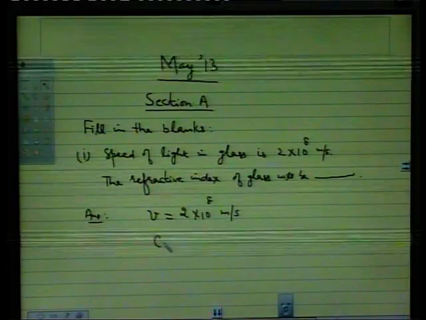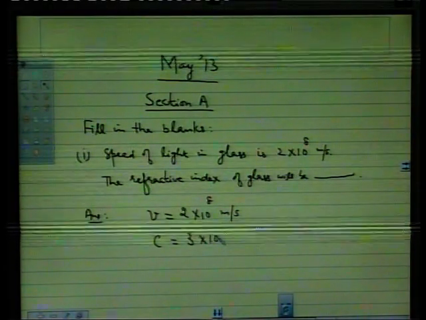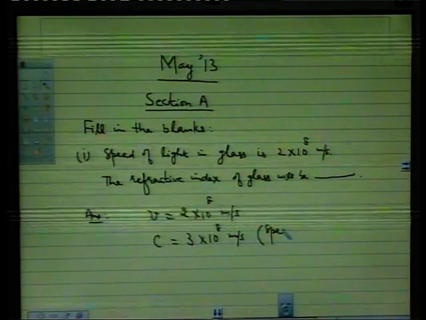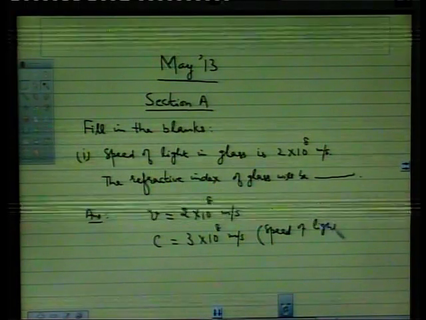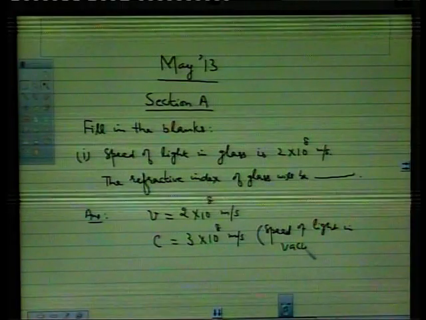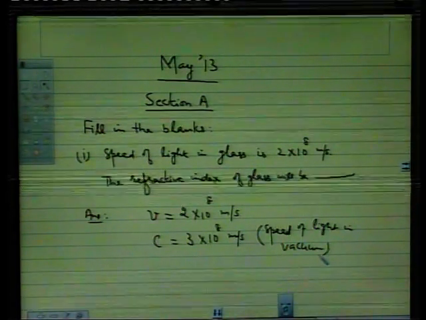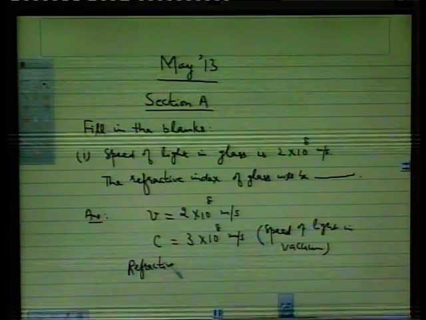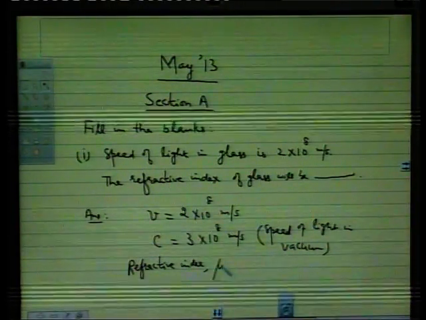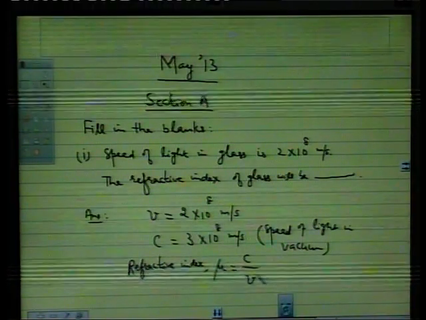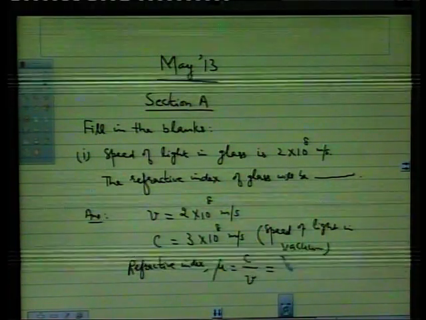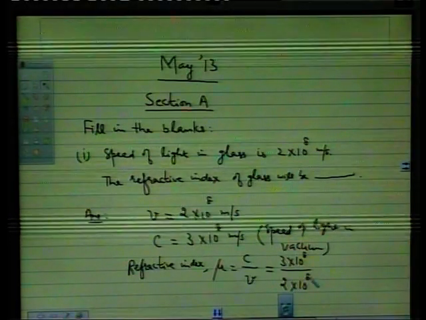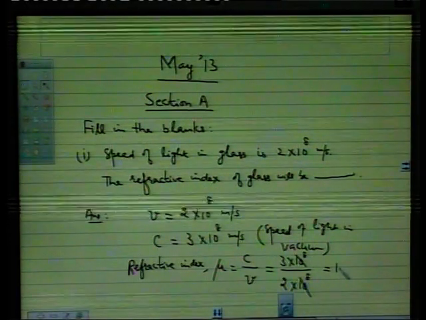We know speed of light in vacuum is 3 into 10 the power 8 meter per second, and we know mu, the refractive index, is equal to C upon V. So, put the value of C and V, 3 into 10 the power 8 divided by 2 into 10 the power 8, this cancels. So, this is equal to 1.5.